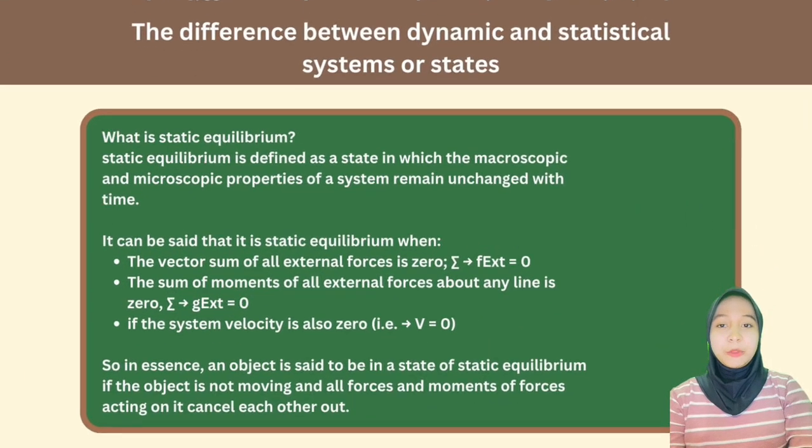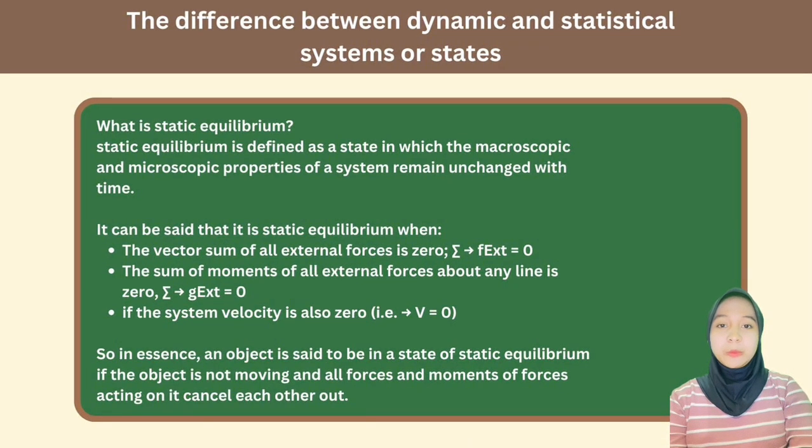What is static equilibrium? Static equilibrium is defined as a state in which the macroscopic and microscopic properties of a system remain unchanged with time. It can be said that it is static equilibrium when: 1. The vector sum of all external forces is 0. 2.